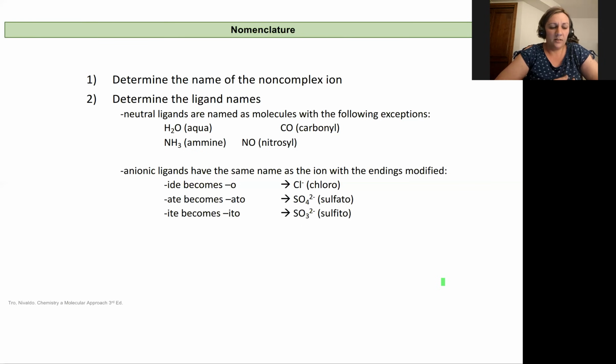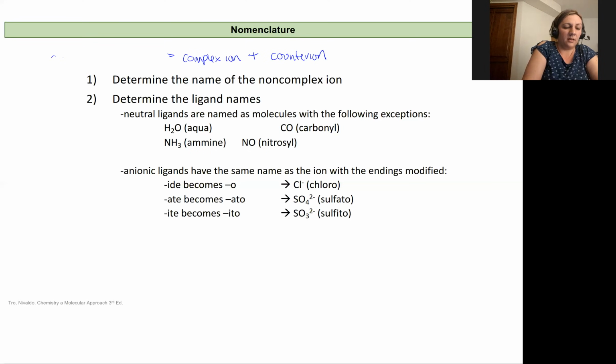So let's start at the top. The idea here is to name a complex ion that's in a compound, but we are naming the entire coordination compound, which is going to typically include a complex ion plus that counter ion. Together, these make up the coordination compound.